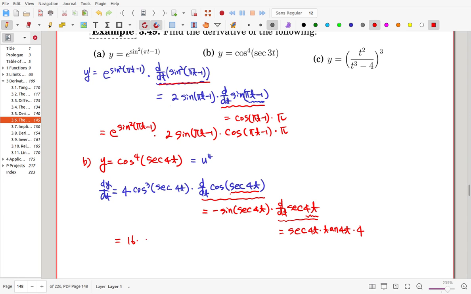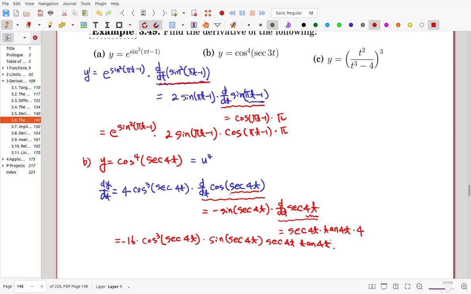Now this cosine third power, now sec 4t, and we consider here now we have a minus. Let's put here now minus here, and then sine, now sec 4t, and this portion is the same as sec 4t and tangent 4t.